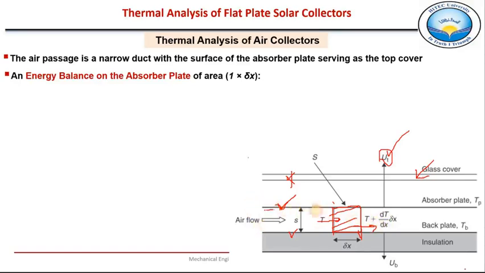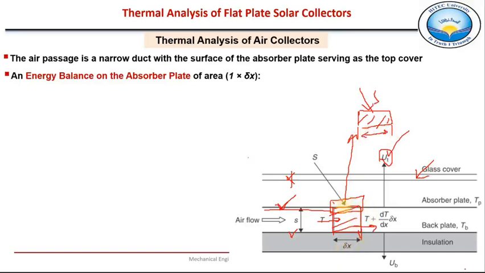Here we are taking this small portion of the absorber plate as our thermodynamic system. Only this absorber plate, I'm showing it separately. This absorber plate is absorbing this radiation S, and the length of this absorber plate in the direction of fluid flow is shown as delta x.